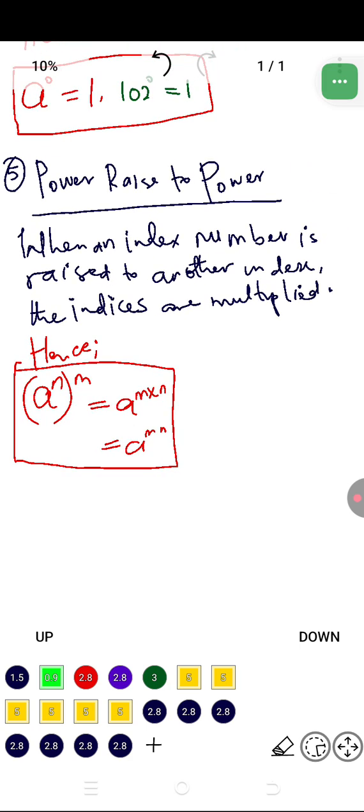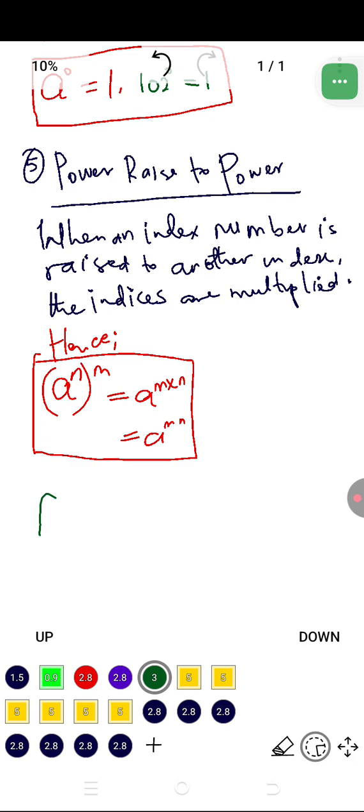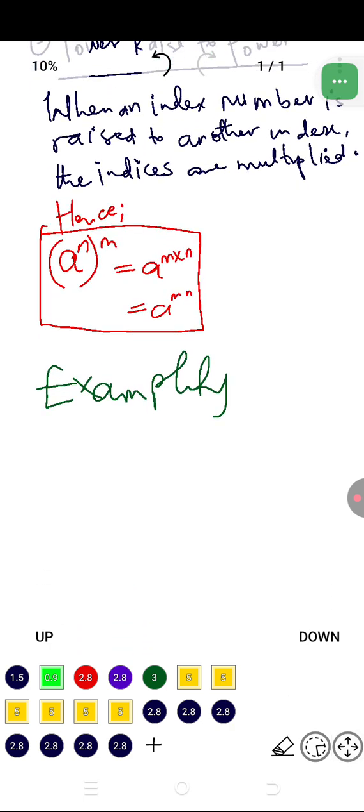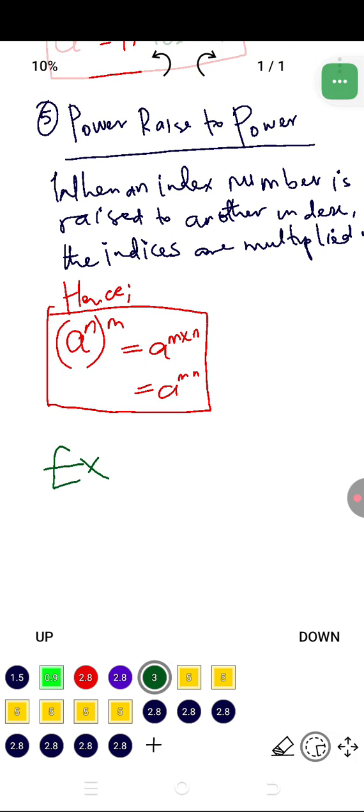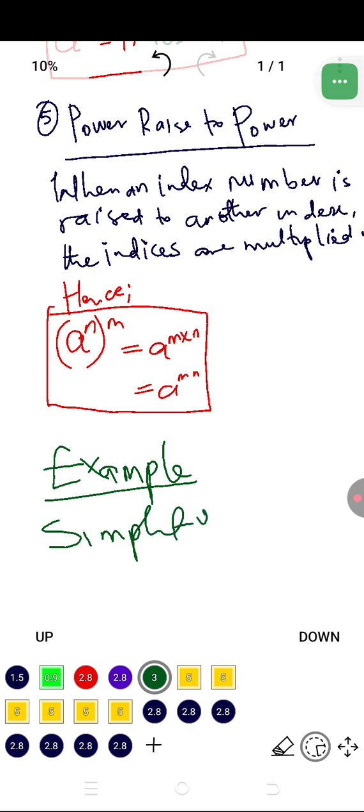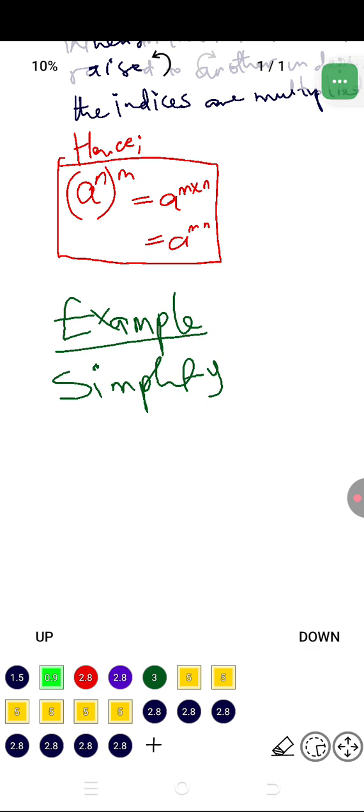For example, simplify x raised to power 3 in brackets, all raised to power 2.